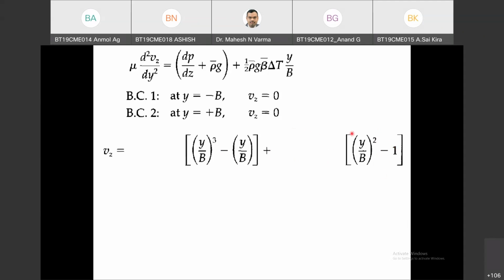So what will be the constant term here? Get the values of C1 and C2 and rearrange the equation to get the velocity profile.